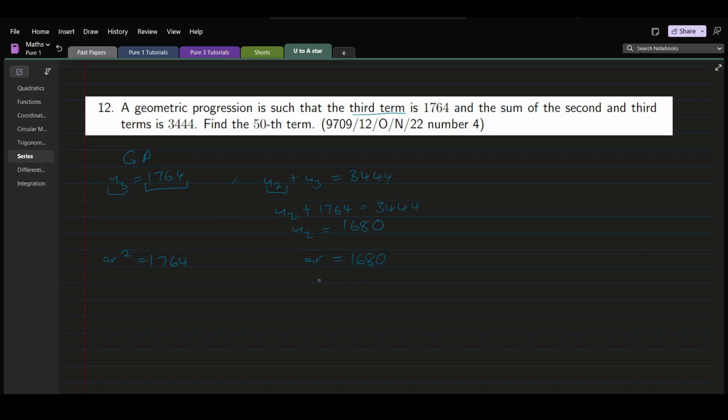So now we have two equations in terms of a and r, and we can solve them simultaneously to evaluate both the values of a and r. So here we'll make r the subject of the formula. That becomes 1,680 over a. Let's substitute that into this equation. That becomes 1,680 over a, squared, multiplied by a, and this is equal to 1,764.